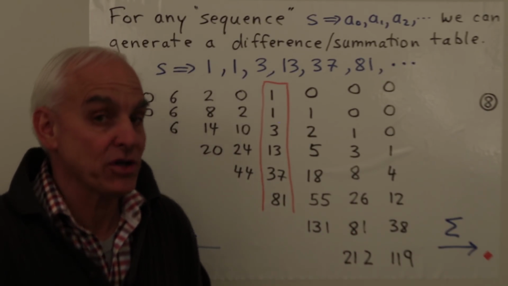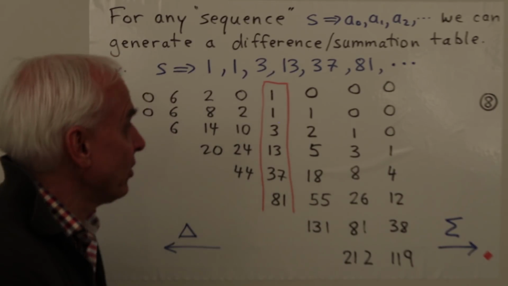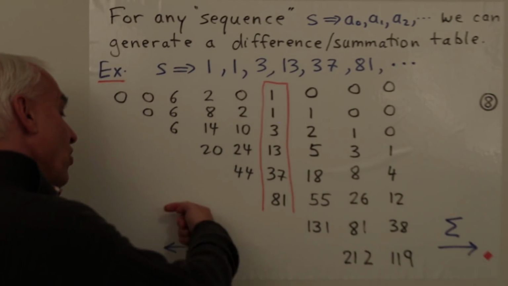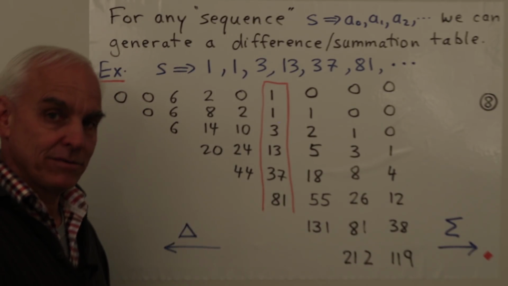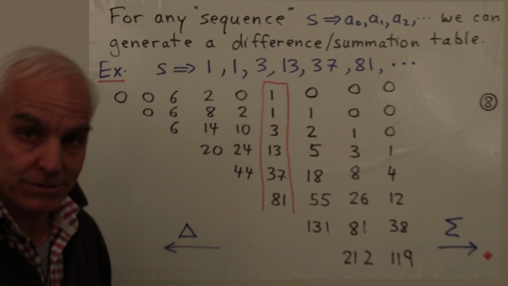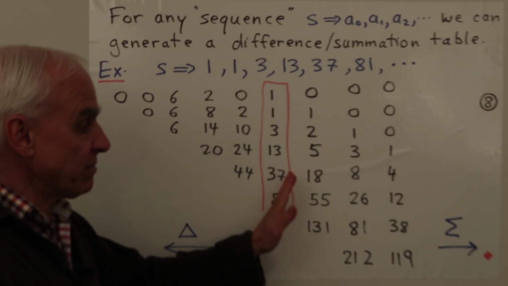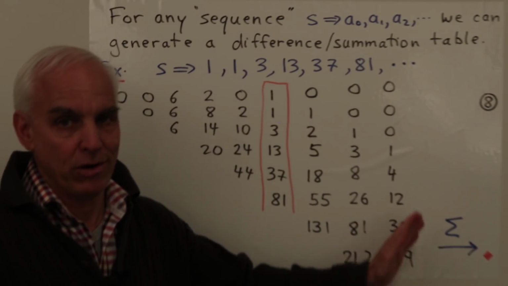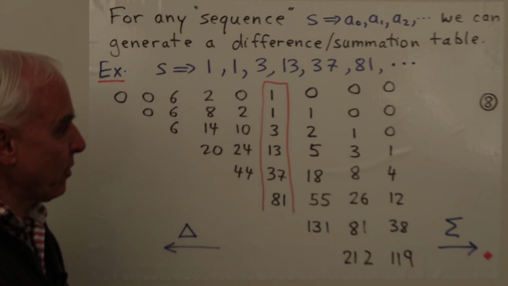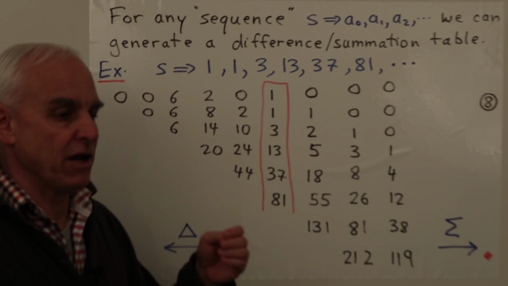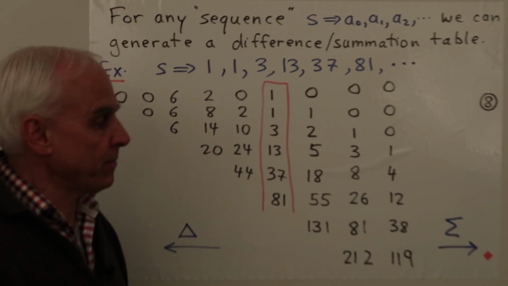So the convention we adopt is that differences go off to the left and summations go off to the right. Typically, the summations make things more complicated, so as we go to the right, things get bigger and more complicated. And typically, the differences make things simpler, especially if the sequence is a polynomial one.